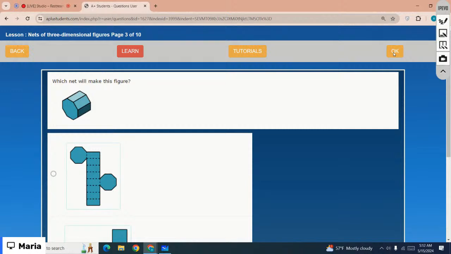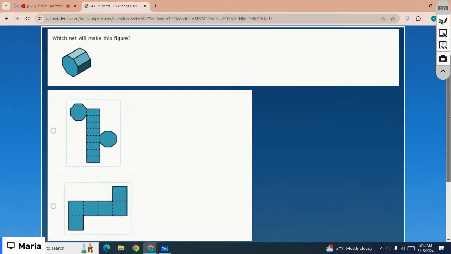Which net will make this figure? So which is the correct option? That is option number 1, the correct option.